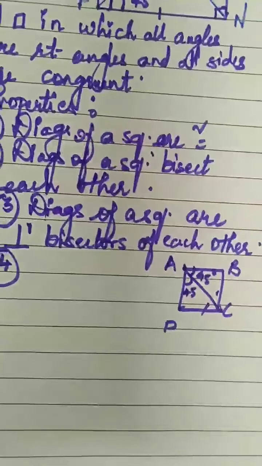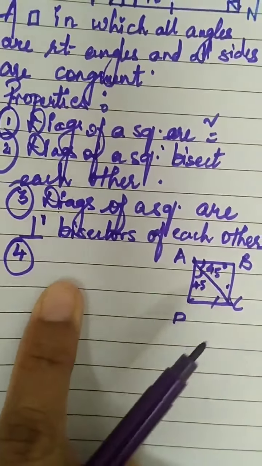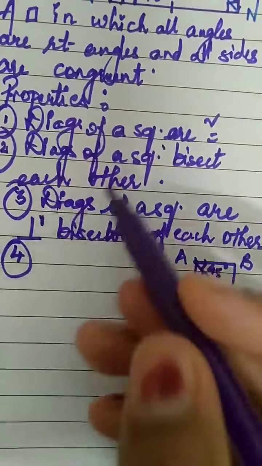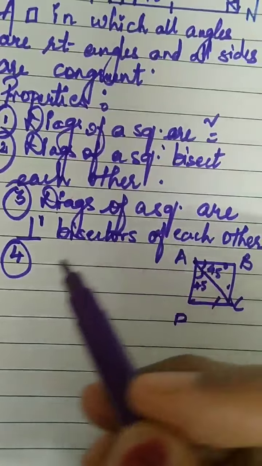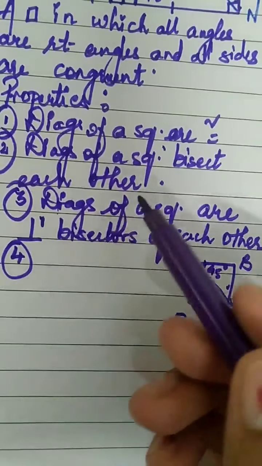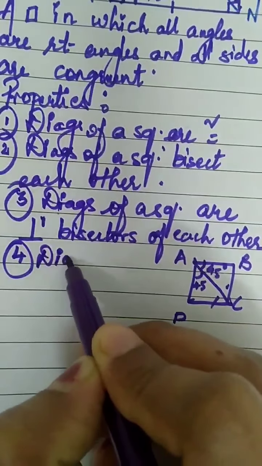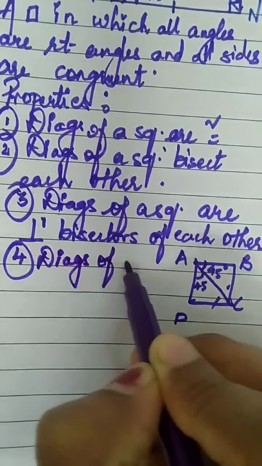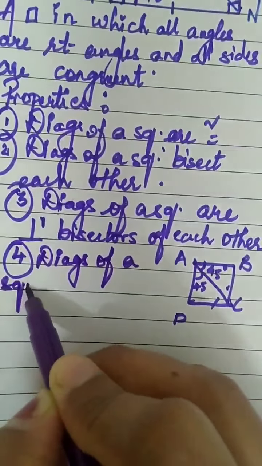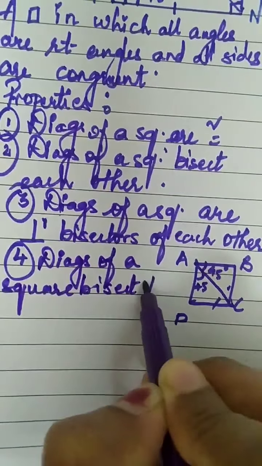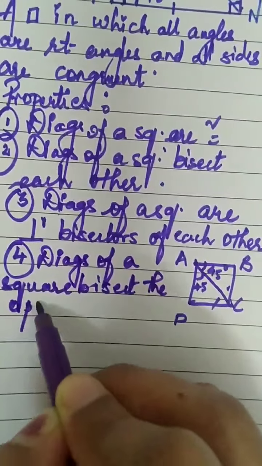So that is the last property. This property we use mostly in 10th standard. Most of the sums they don't ask from the fourth property, but we will keep it in mind. What is that property? Diagonals of a square bisect the opposite angles.